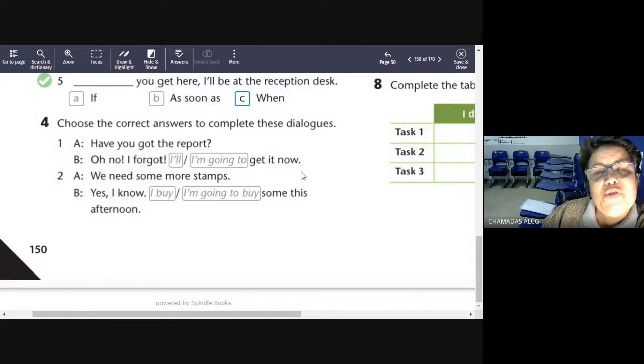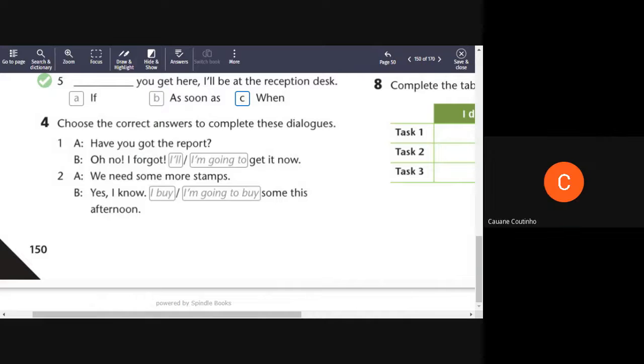So which verb do we use? Which verb tense do we use when we make a decision at the moment of speaking? I'm going to.